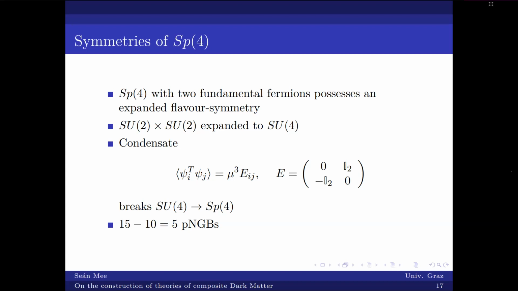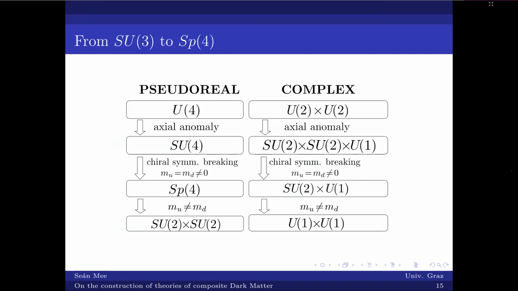So yes, that's exactly what I'm talking about. We have local SP4, which binds the quarks, and the global SP4, which is the remaining flavor symmetry of the theory after chiral symmetry breaking. I'm sorry I didn't make that clear. Hopefully that makes it more clear.